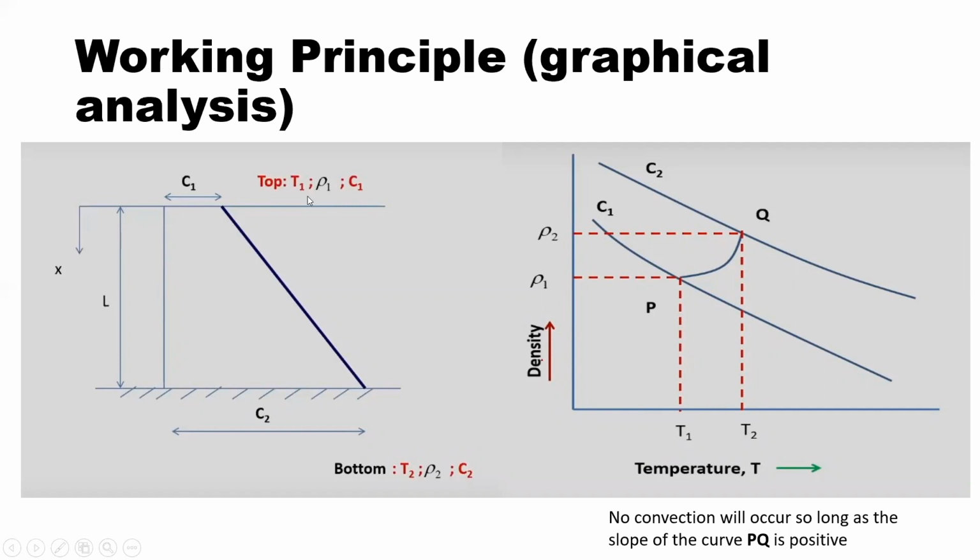At the top, we assume the concentration as C1, and the concentration at the top is less than the concentration at the bottom. That is, C1 is less than the concentration at the bottom.